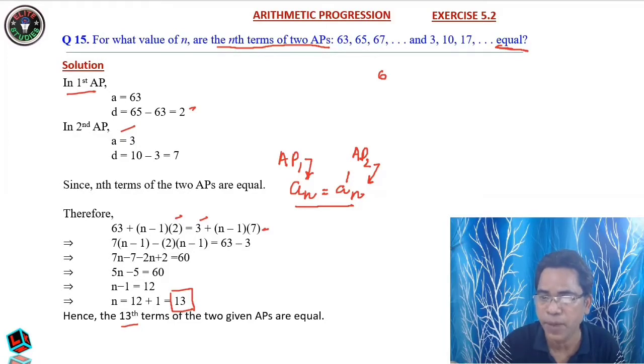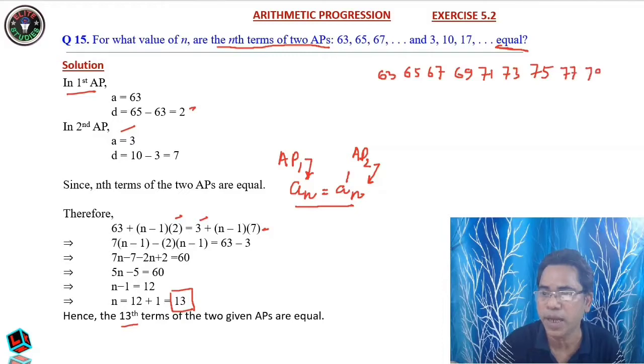Again, I will repeat, if you go on writing 63, 65, 67, with difference 2, then 69, 71, 73, 75, 77, 79, 81, 83, 85, 87. So 87 is the 13th term of this AP.